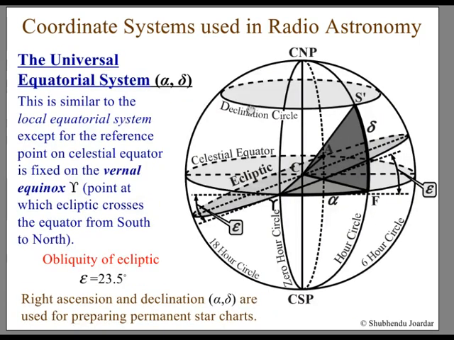But in this case, instead of using a local meridian, you use this point, the vernal equinox, which you can consider as the starting point, and you measure the angle. So in this diagram, this is the point which you want to measure. Here you have a declination, and this angle alpha may be called the right ascension.